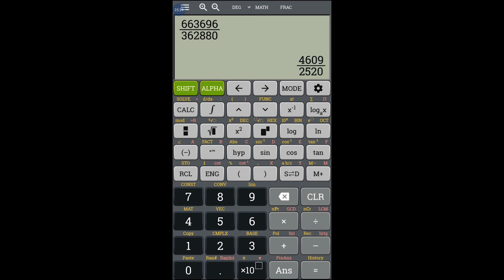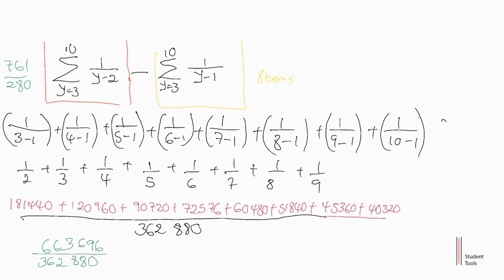And that simplifies to 4609 over 2520. So this part of the series we get 4609 over 2520.